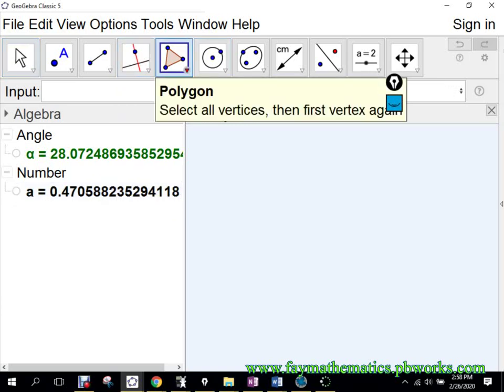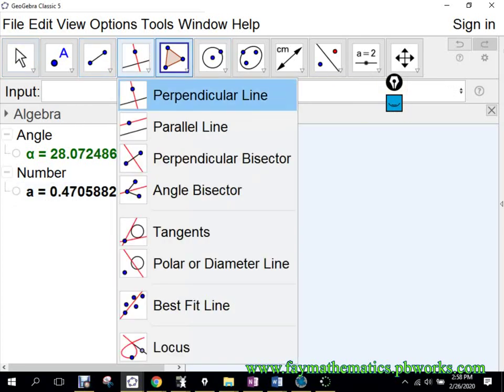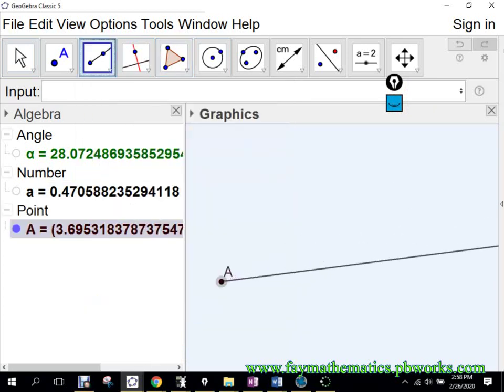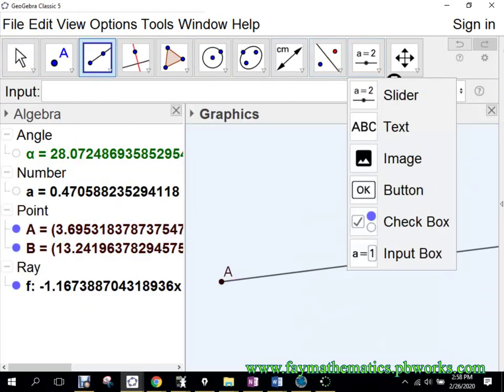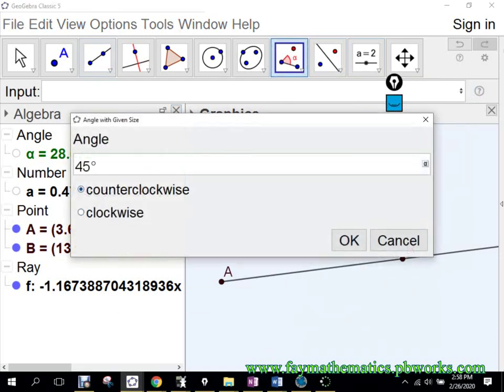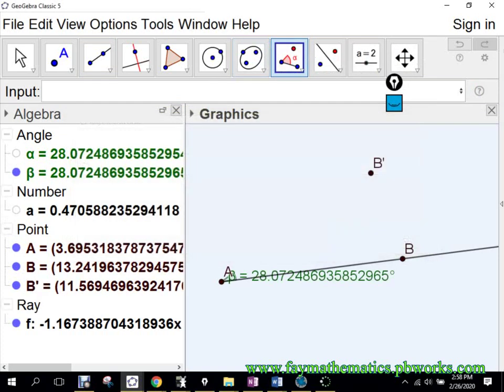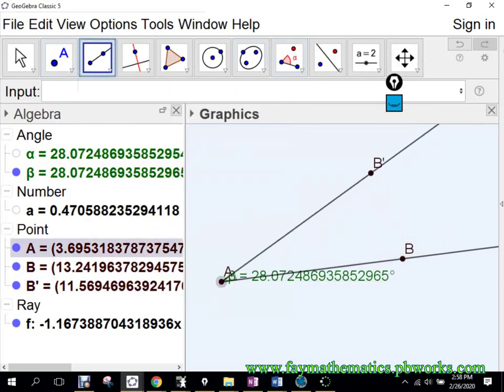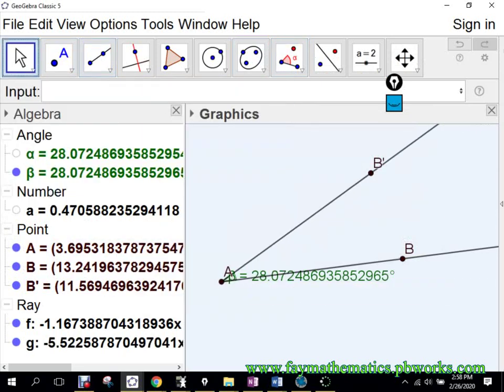So I'm going to draw a right triangle here, and as I'm drawing this, understand that I don't care what my lengths are. I need that angle of 28.07. So I'm going to get GeoGebra to just copy that angle, and it goes through B prime.